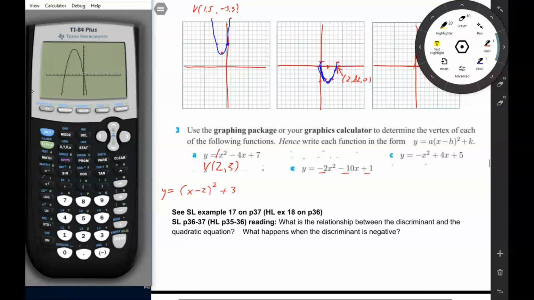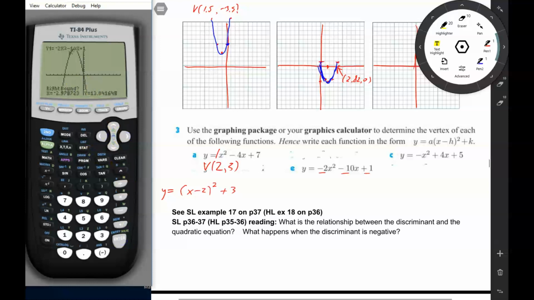So now what I'm going to do is find second calc max to find where the vertex is. So second calc max, which is number 4. And then I'm going to move the cursor to the left of the vertex. Just tap it a few times. Hit enter.